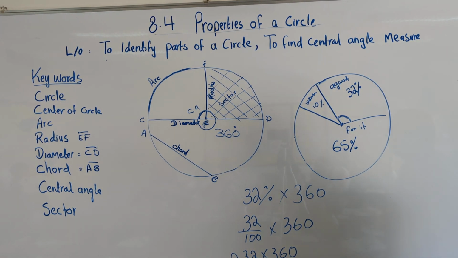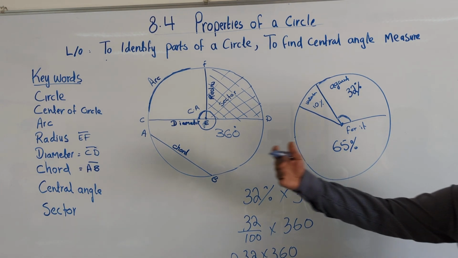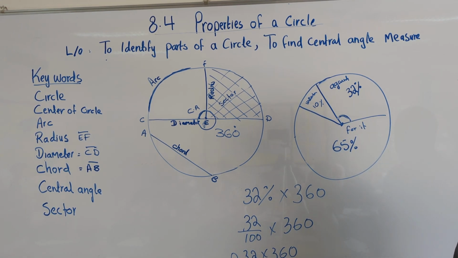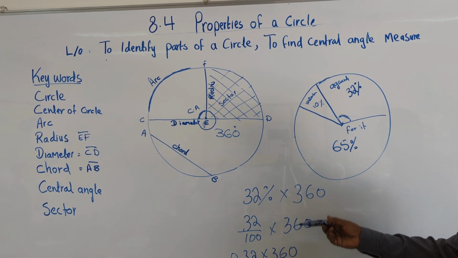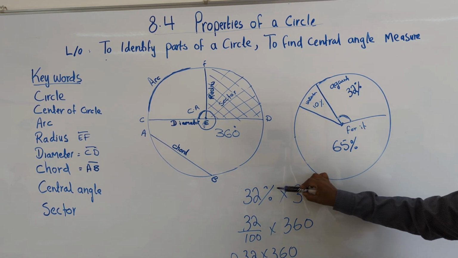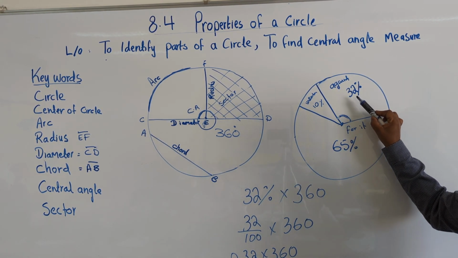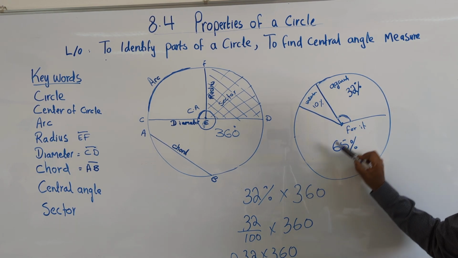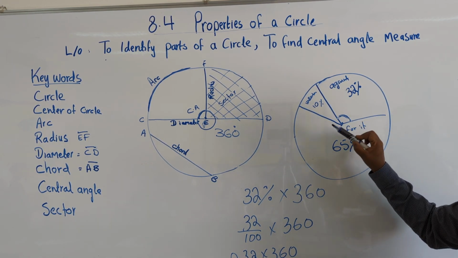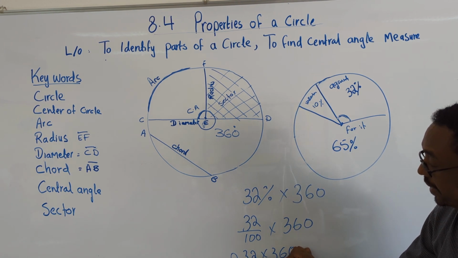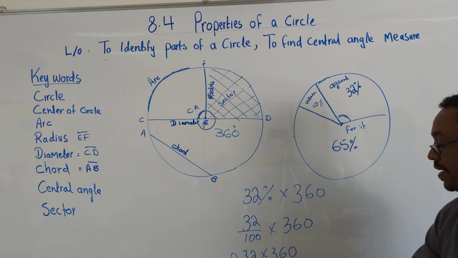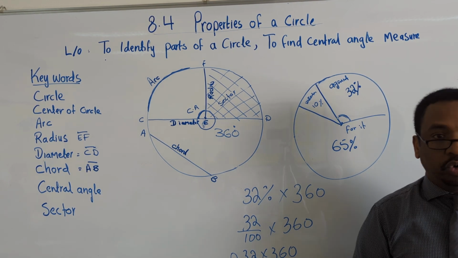Okay, let me just quickly recap. If you're asked to find an angle of the sector, you need to divide the percentage by 100, because percent means divide by 100, and then multiply by 360, because all of it is 360. When you multiply that and make it a decimal, this will give you 115.2.